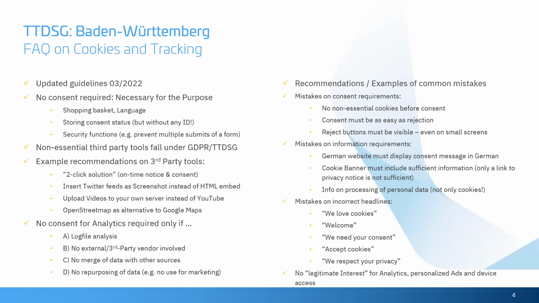So it should be clear that it's about giving consent, and that it's about cookies and data processing. Something like we bake the best cookies is fun, but it's not compliant when it comes to the data protection authorities in Baden-Württemberg.